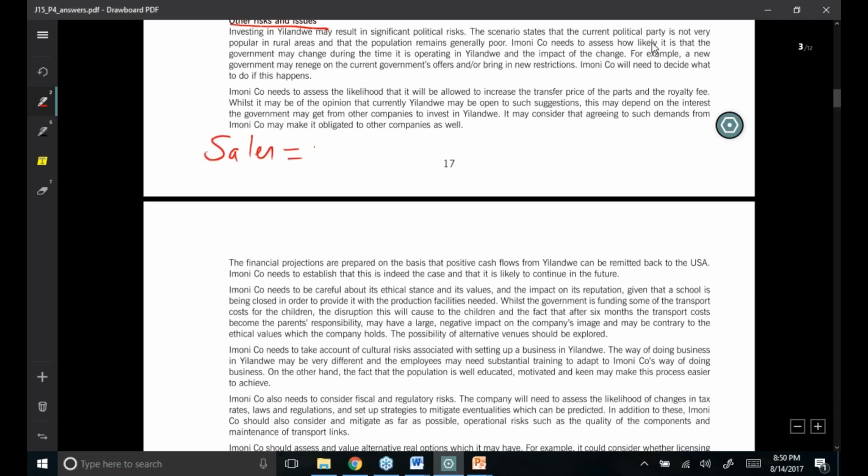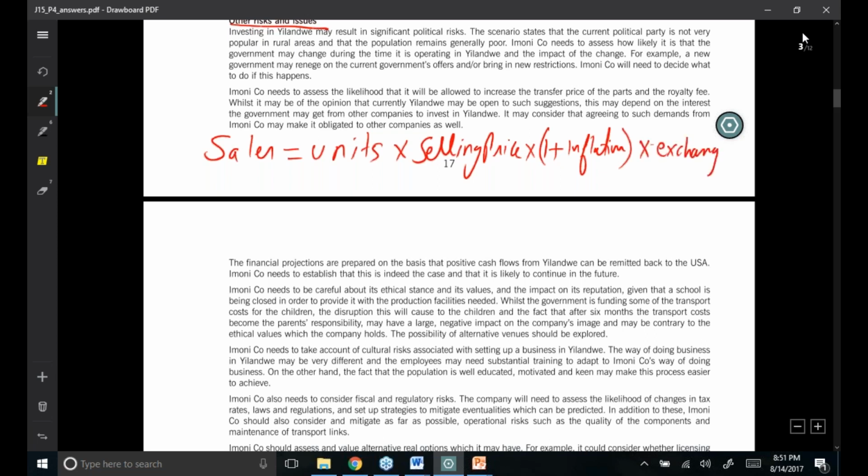Sales is equal to number of units into selling price into 1 plus inflation into exchange rate.